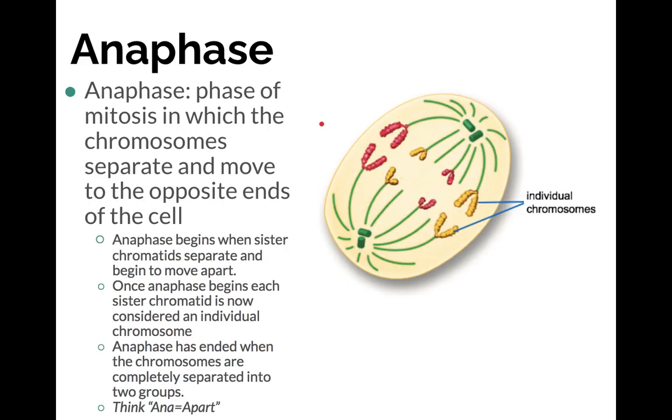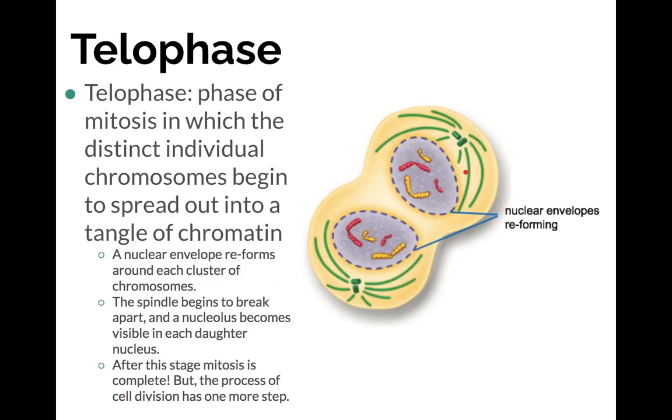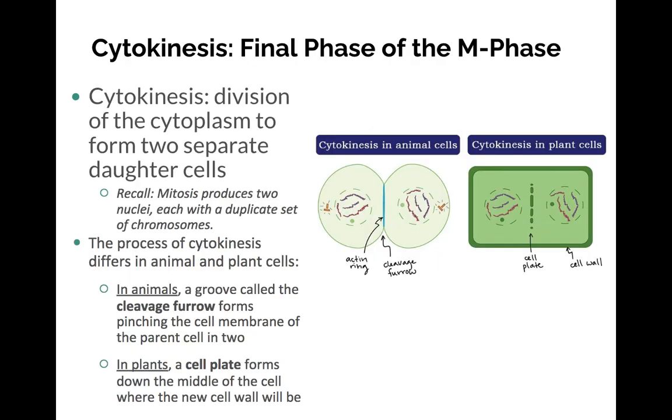Anaphase is the phase of mitosis in which the chromosomes separate and move to the opposite ends of the cell. For anaphase, you are thinking apart. These chromosomes are now being split apart to prep for telophase, the phase in which the distinct individual chromosomes begin to spread out into a tangle of chromatin, and this is the last phase that occurs before cytokinesis. And cytokinesis is the division of the cytoplasm.